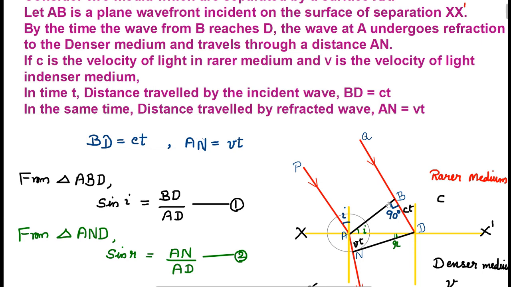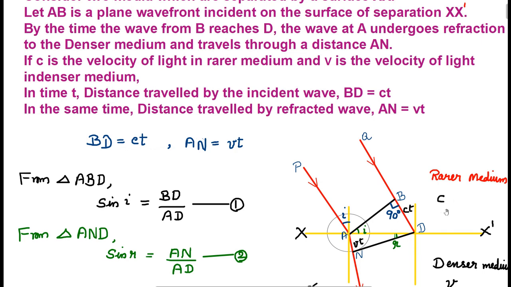Look at the wavefront AB. The wave at A has just touched the surface of separation, whereas the wave at B has yet to travel a distance equal to BD to touch the surface of separation XX'.